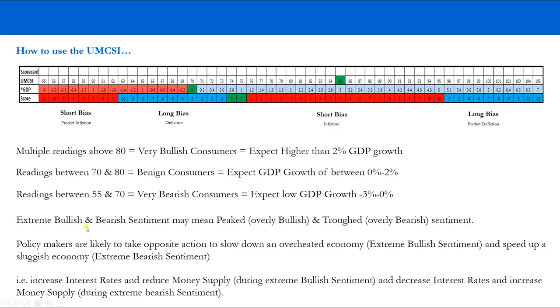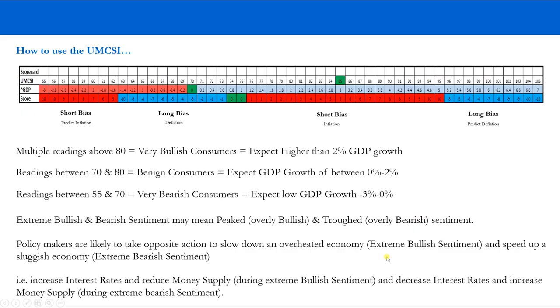Now, if there's extreme bullish and bearish sentiment, this can mean that we've got peaked, so overly bullish conditions, and troughed, overly bearish conditions. So sentiment from consumers being overly bullish or overly bearish.